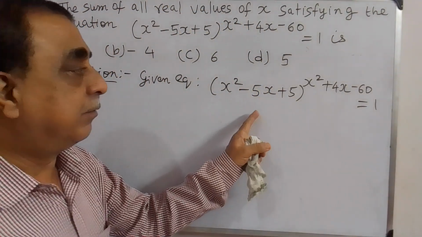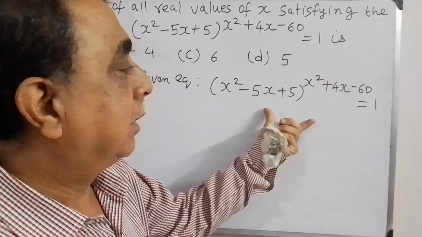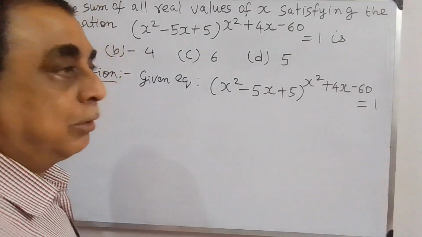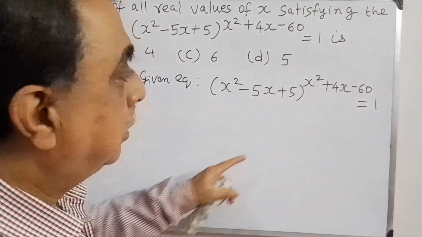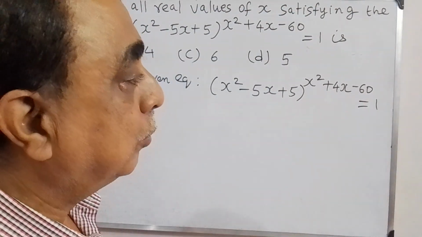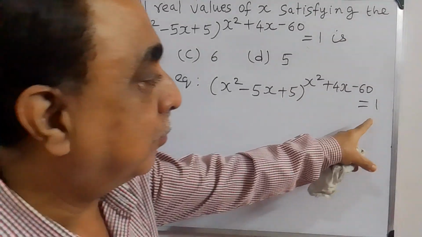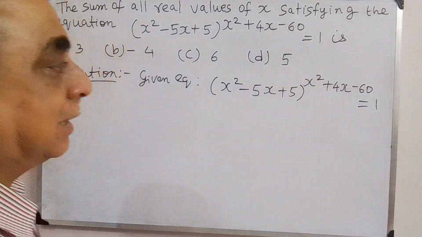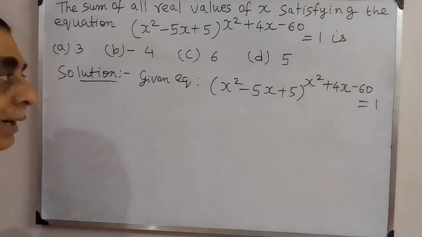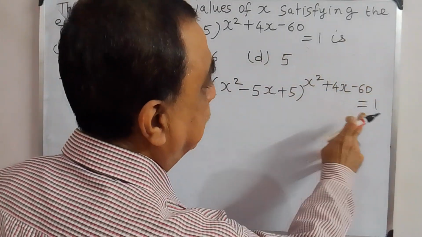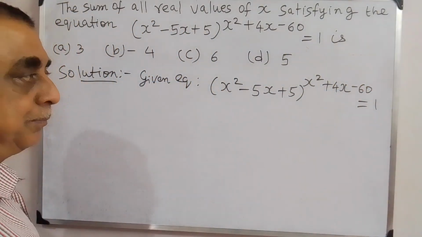Now see, the value of the left hand side is 1. So what we know is that there are three possibilities for an expression to have the value 1.